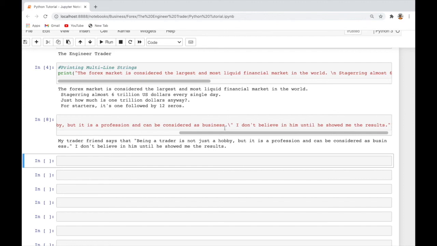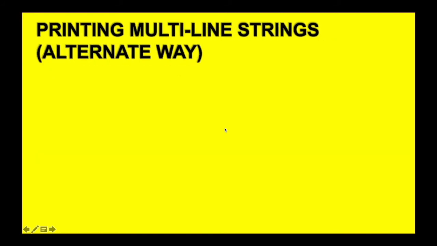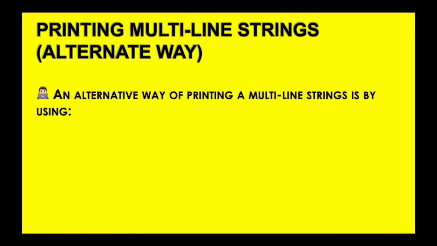Okay, so let's go back to our PowerPoint presentation. So lastly, we have the printing multi-line strings or the alternate way of printing the multi-line strings. An alternative way of printing multi-line strings is by using triple double quotes. Then this is the syntax.